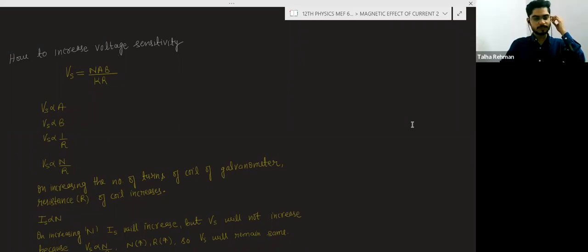So one subtopic is left, conversion of galvanometer into ammeter. We will discuss that in the next class. And please revise your notes, and we will have a viva of 5 minutes.